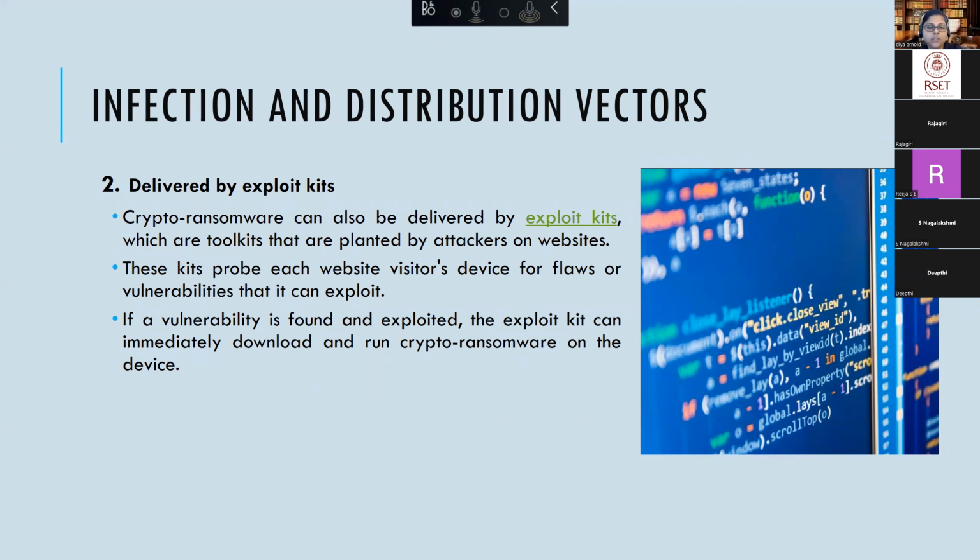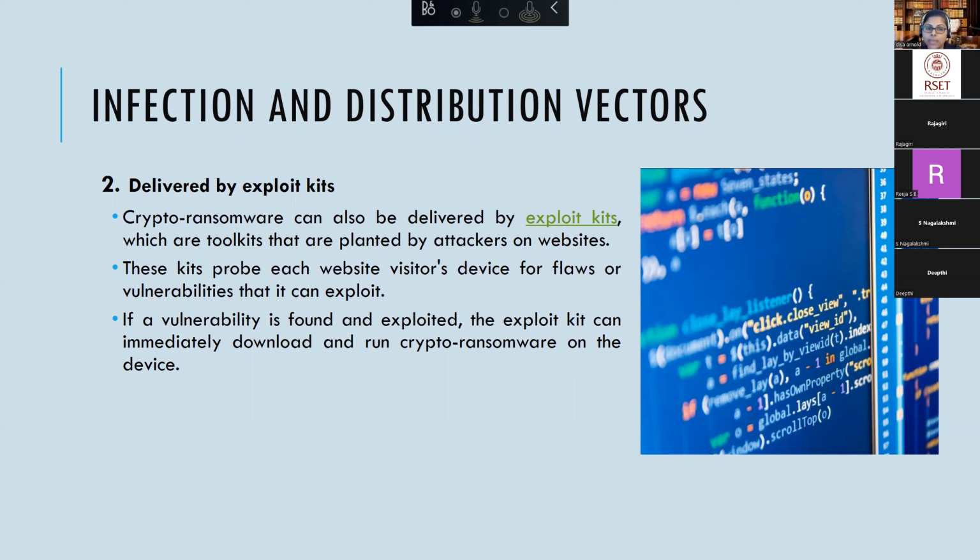The Windows SMB protocol is a file sharing protocol used to share files among users between the systems in the network. There was a vulnerability linked with that SMB protocol that was exploited by the attackers, and that's how ransomware distribution occurs through exploit kits.